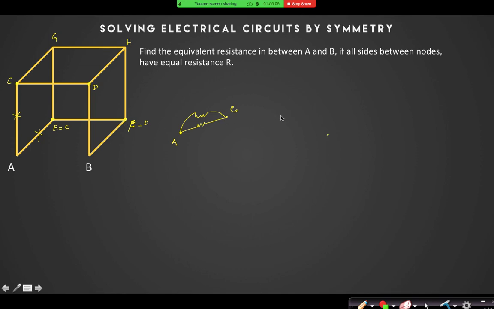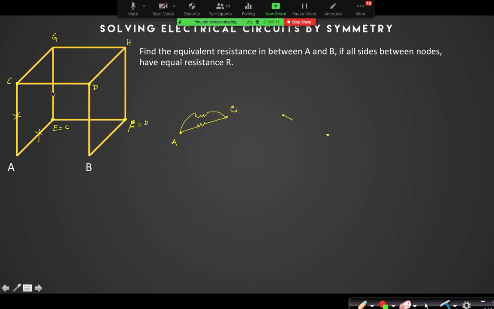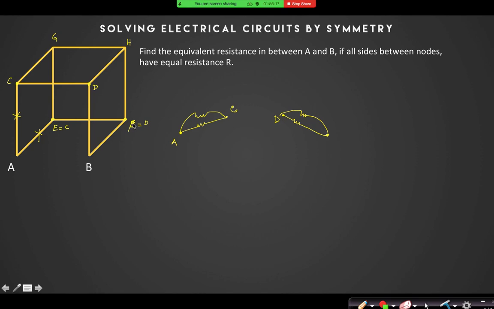And between B and D, there are also two resistors. In between C and D, there is this resistance, and this resistance is also there. So let us draw this resistance also.